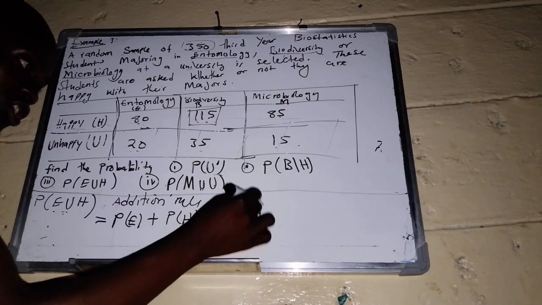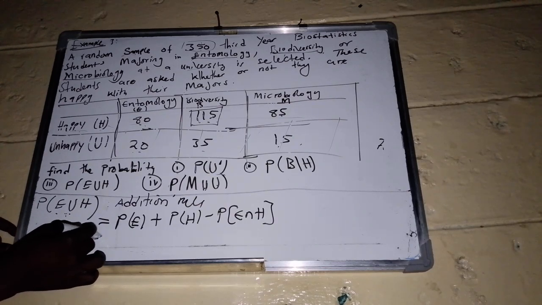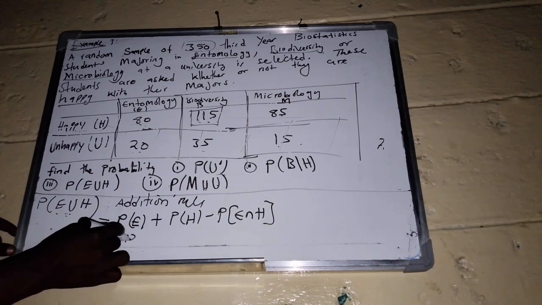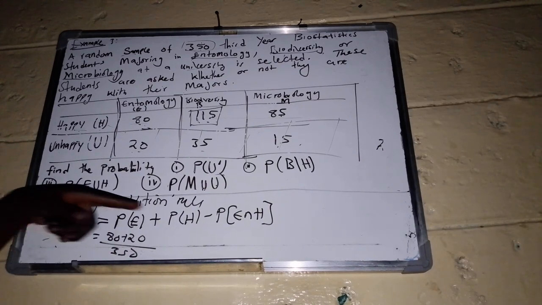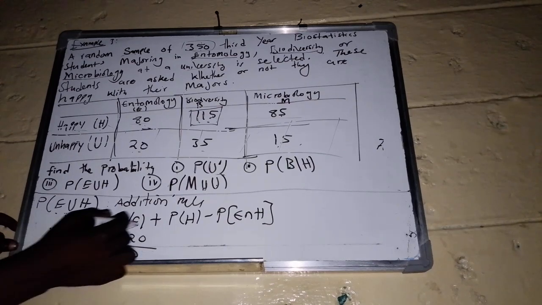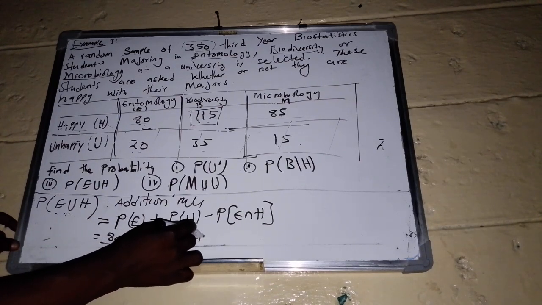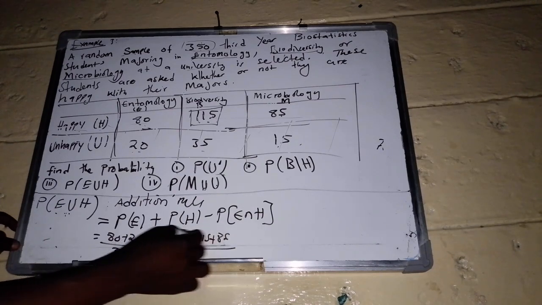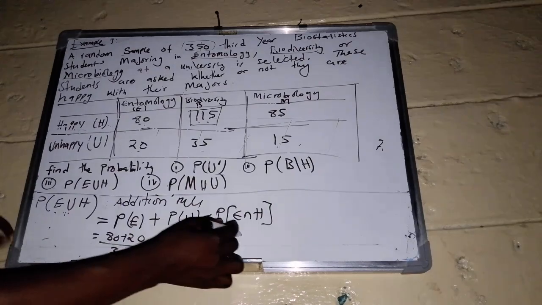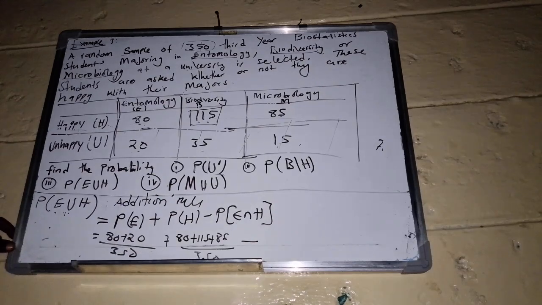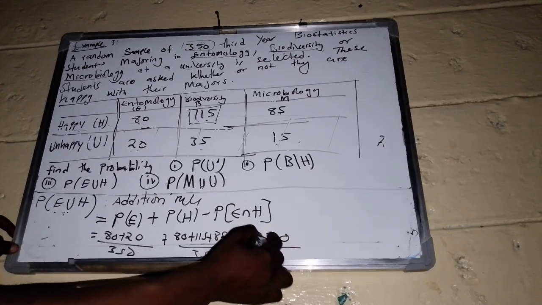What is the probability of E? The probability of E is basically 80 plus 20 divided by the total, which is 350. What is the probability of H? The probability of H is basically 80 plus 115 plus 85 divided by 350. What is the probability of the intersection? The intersection is basically 80 over the total, which is 350.